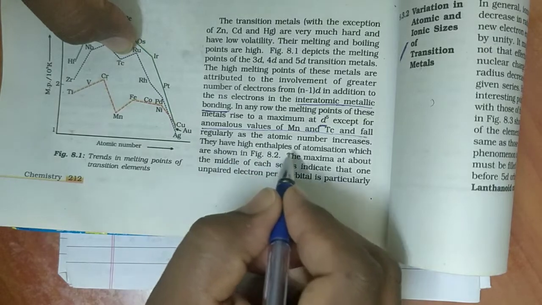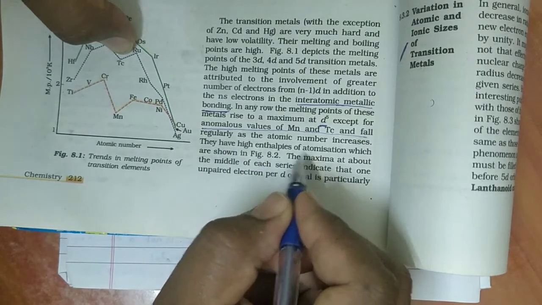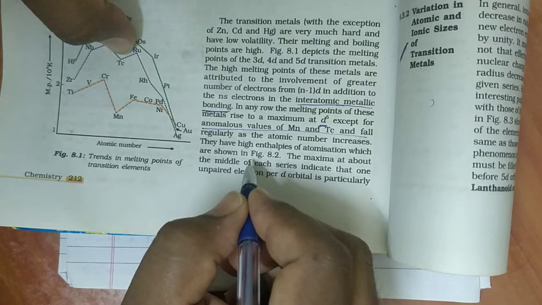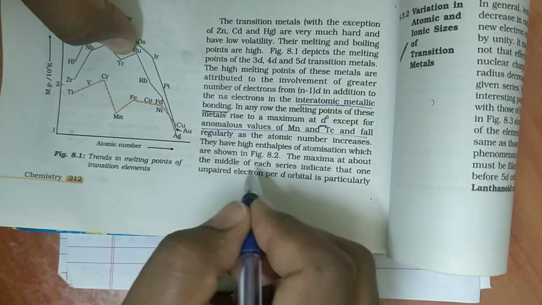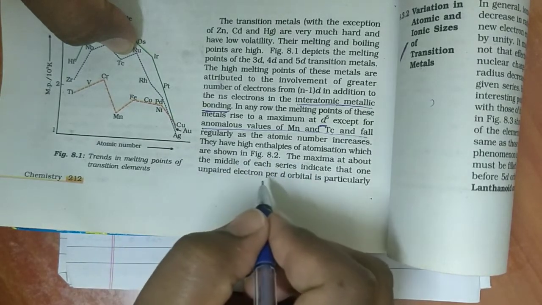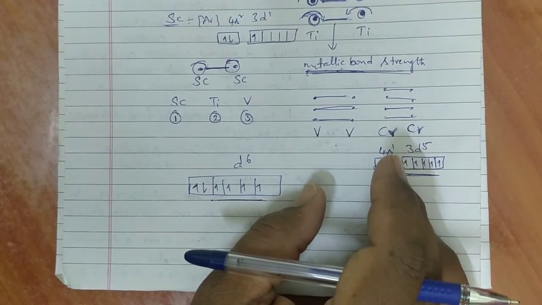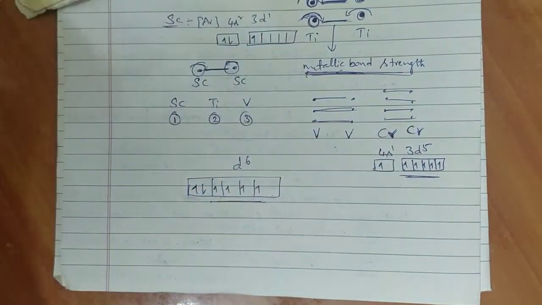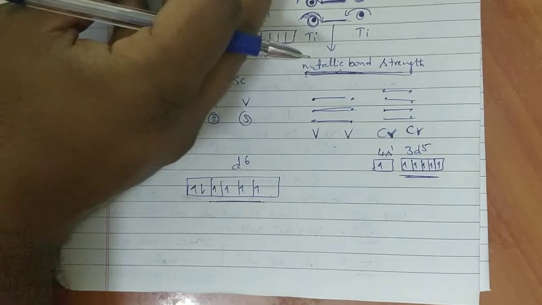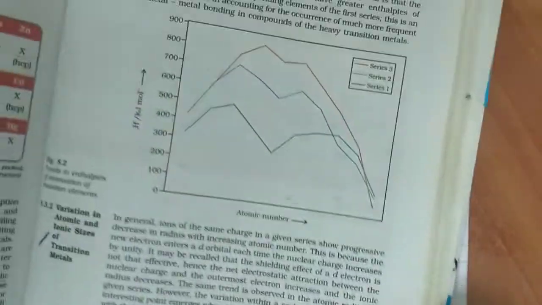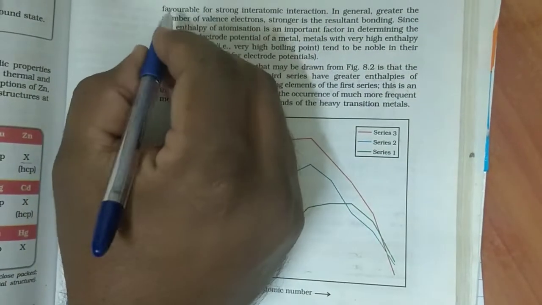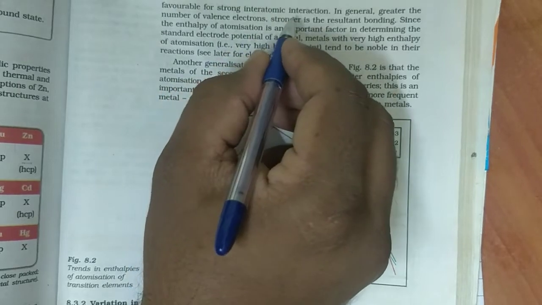They have high enthalpies of atomization, which are shown in figure 8.2. The maxima at about the middle of each series indicate that one unpaired electron per d orbital is particularly favorable for strong interatomic interaction.